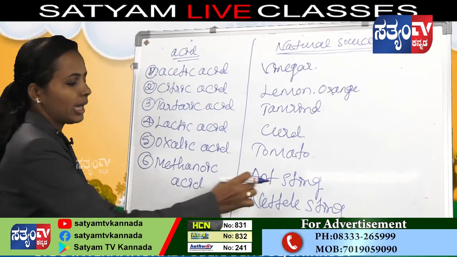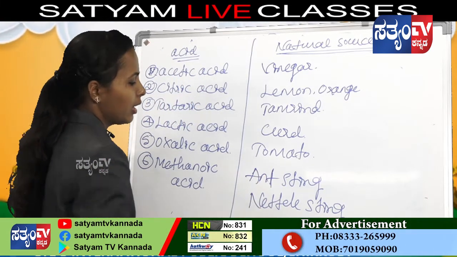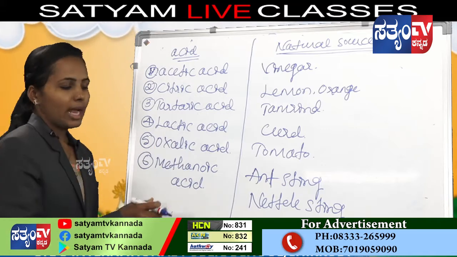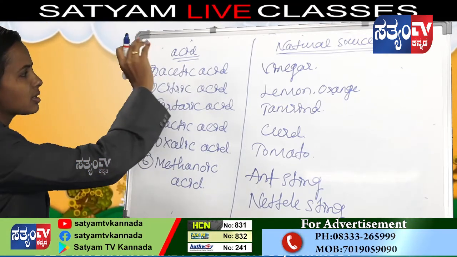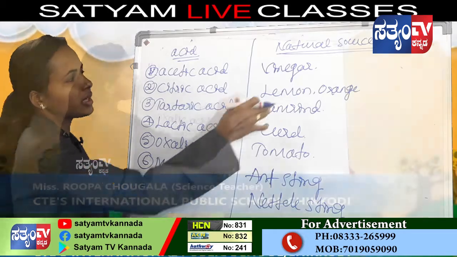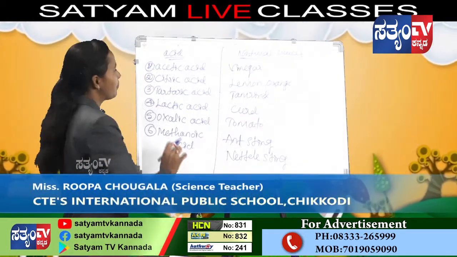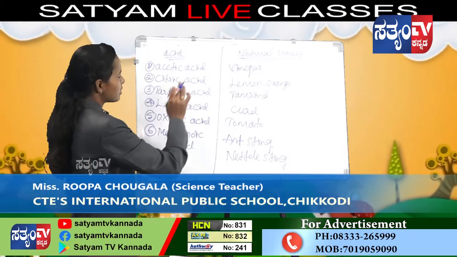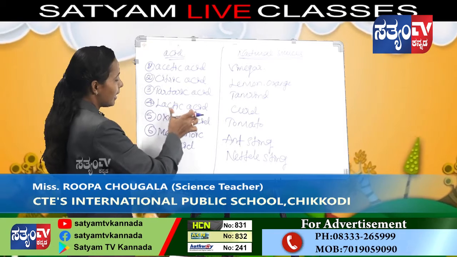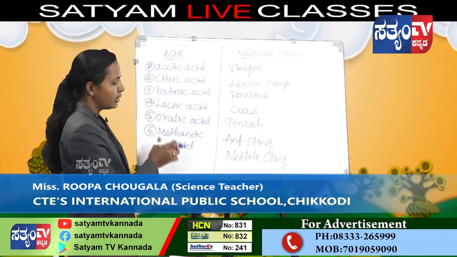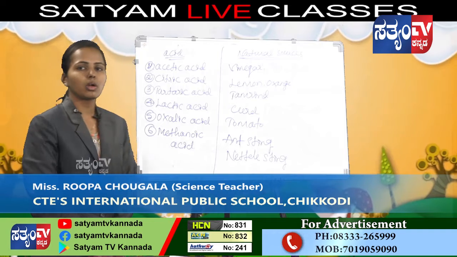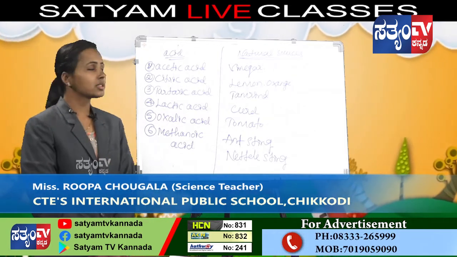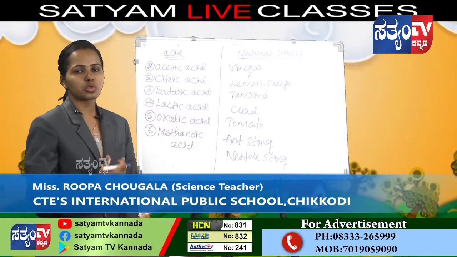After the bite of an ant or nettle, methanoic acid is formed. These are some natural acids and their sources: acetic acid, citric acid, tartaric acid, lactic acid, oxalic acid and methanoic acid.